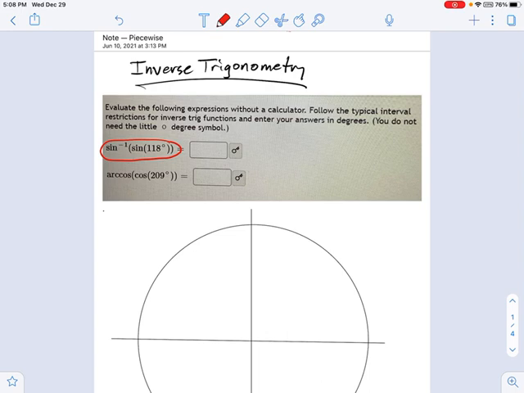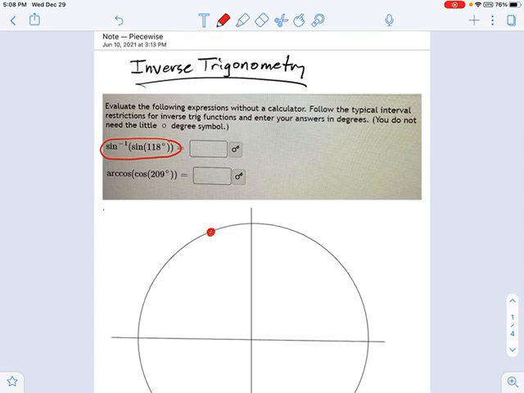118 degrees is, I don't know, right there. And that's not right. Come here. Okay, there we go. So there's 118 degrees. And the sine value of 118 degrees is right here.